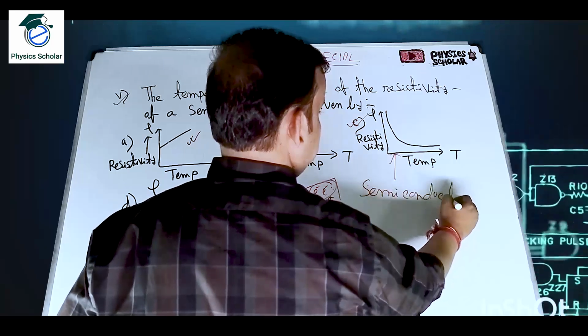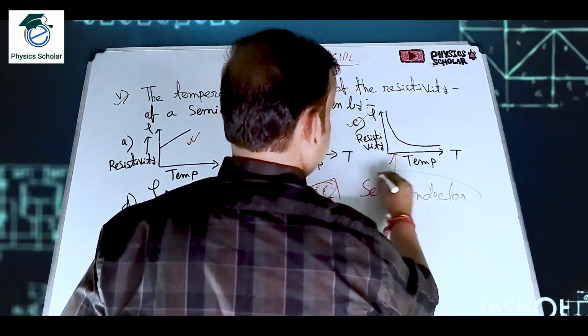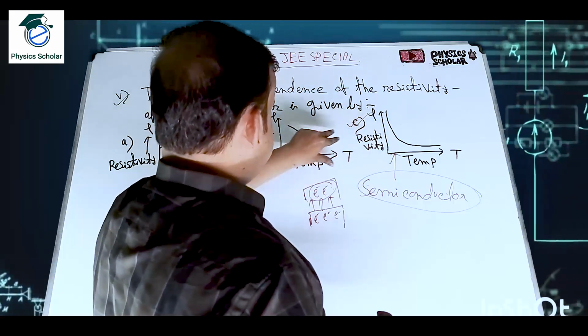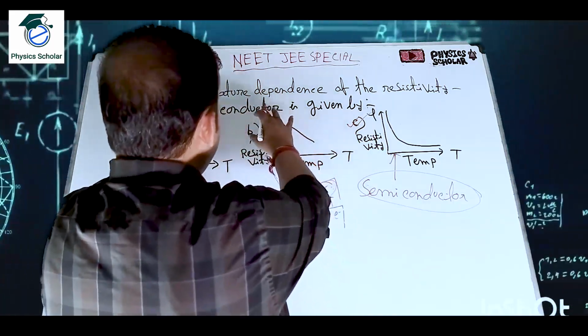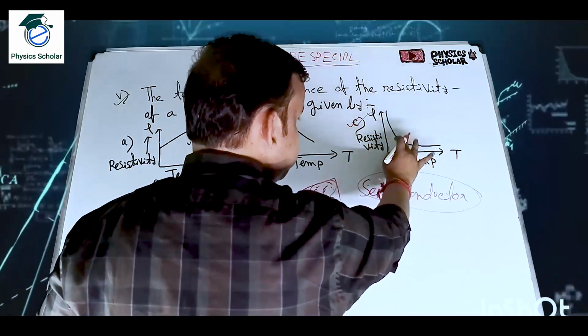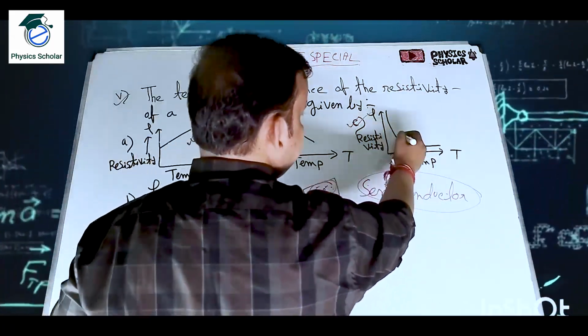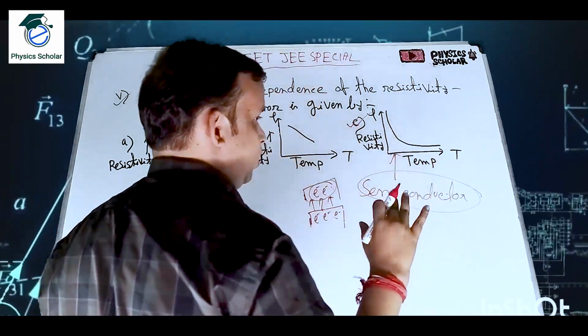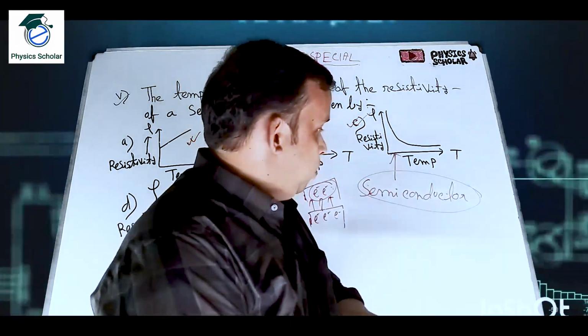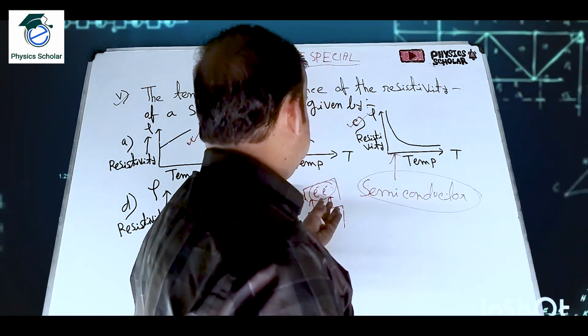So here, which graph is correct for the semiconductor, between temperature and resistivity? Option C will be correct. As the temperature increases, the resistivity will decrease, because the number of free electrons will increase; more electrons move from the valence band to the conduction band.